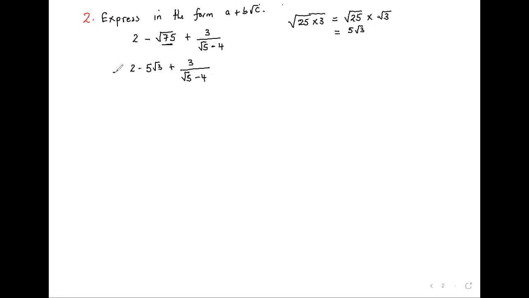So we'll have 2 minus 5 root 3 plus 3. You multiply up by root 5 plus 4. We're now rationalizing this part. Here, root 5 minus 4 and root 5 plus 4.